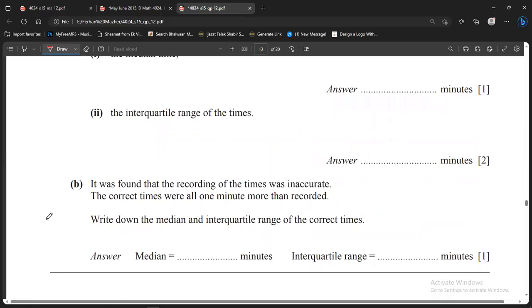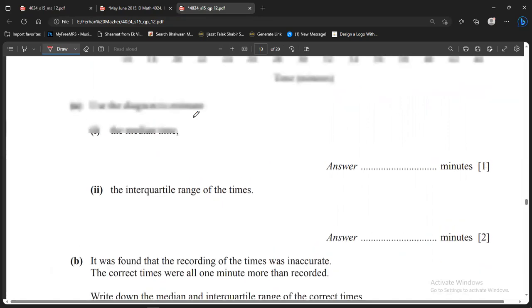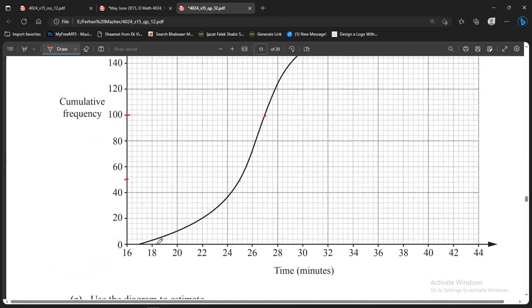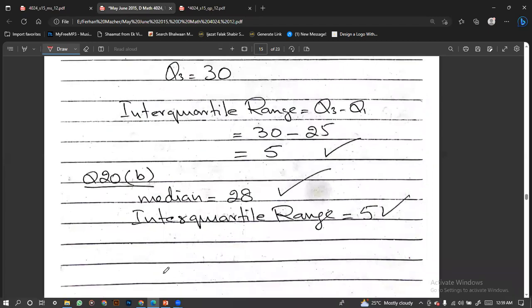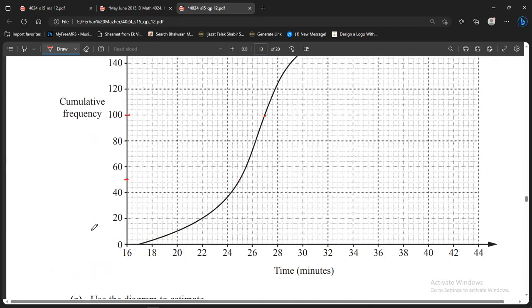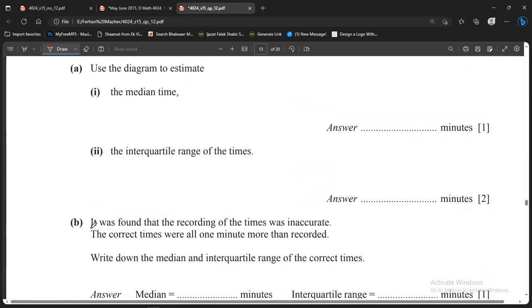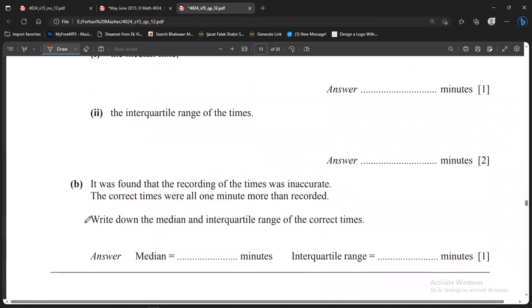Write down the median and the interquartile range of the correct times. You see, if you increase 1 minute in all these values, this will move 1 minute ahead. Sorry, the median will increase by 1. So before it was 27, now it will become 28.